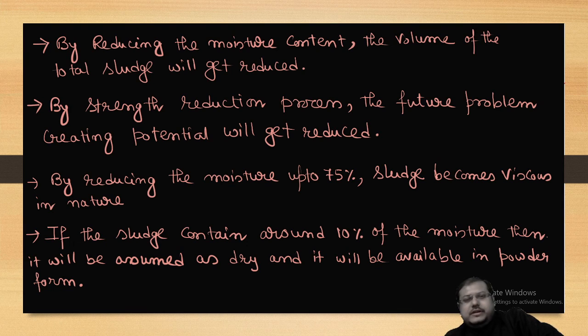By reducing the moisture content up to 75%, sludge becomes viscous in nature. And if the sludge contains around 10% moisture, it will be assumed as dry and it will be available in powder form. Clear?